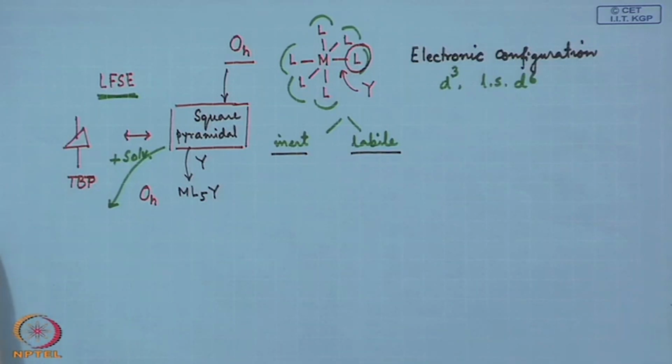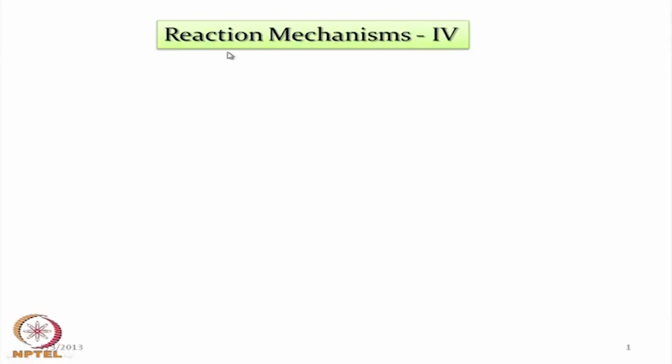So, in this fourth part of these reaction mechanisms, we can have two types of molecules, whether the system is labile or inert, and how the labile molecule goes for the substitution reaction and how the inert molecule can go for that.